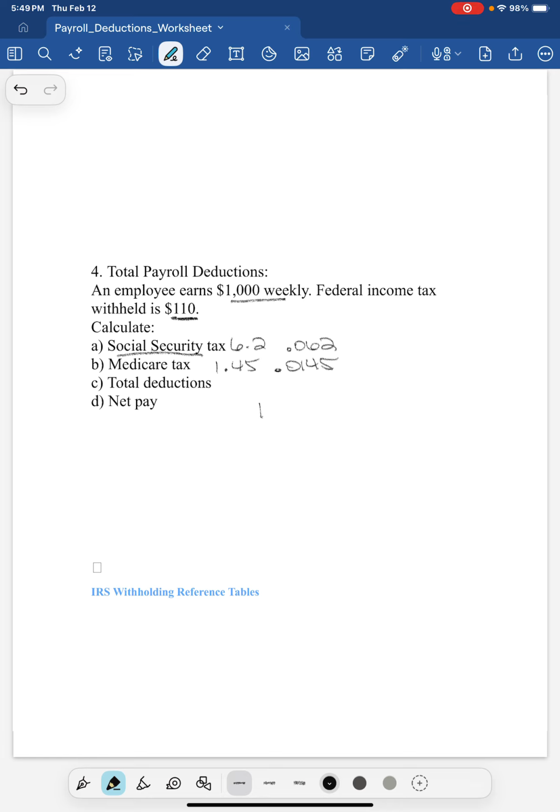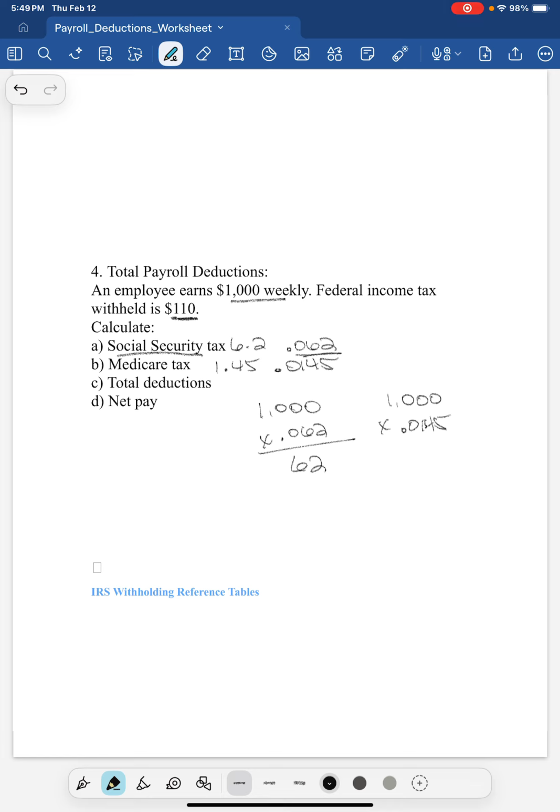So we start with their $1,000 a week, and we multiply it by the amount of their Social Security tax, which is withheld, and we get $62. Then we do the same thing with their Medicare amount, which is the same for everybody. That makes it simple.